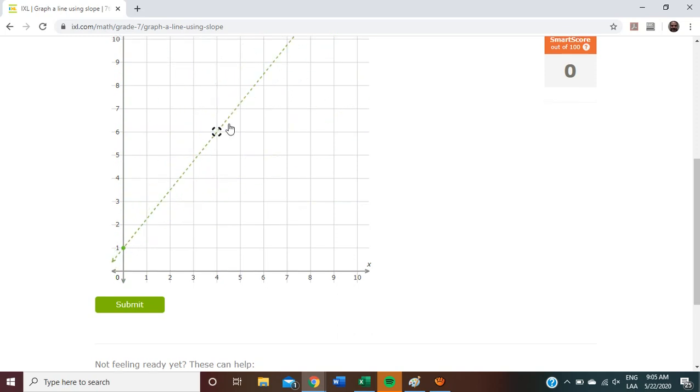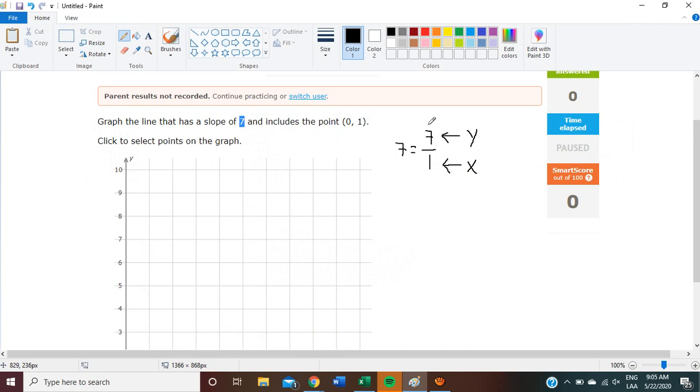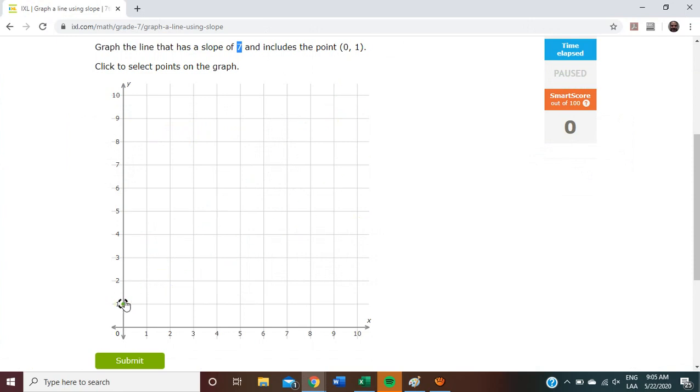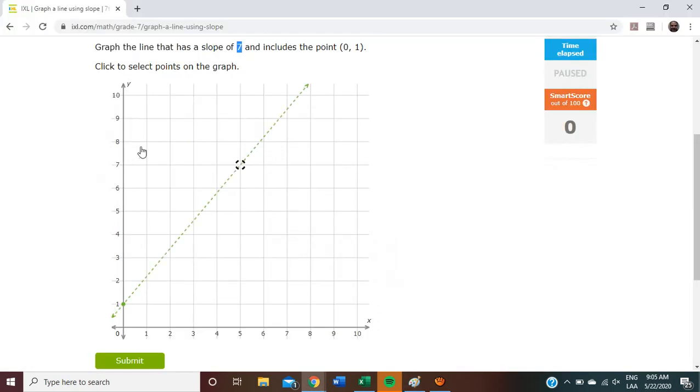Remember, it is going to be hard to climb. From here, we are going to increase the y 7 times: 1, 2, 3, 4, 5, 6, 7. So we ended up at number 8, and the x, we're going to increase 1 time.